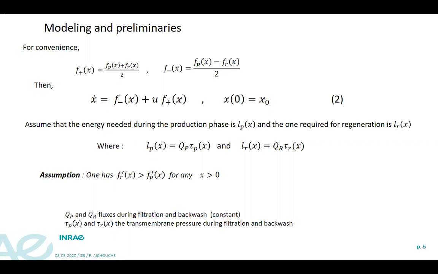Assume that the energy needed for production phase is Lp of x and required for regeneration is Lr, where Qp and Qr are fluxes during filtration and backwash, typically constants, while tau p and tau r are functions describing the way that the state affects production and regeneration phase.